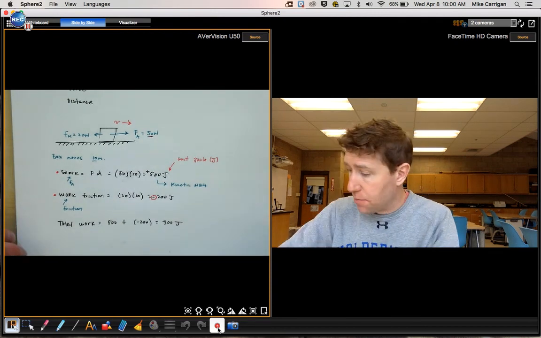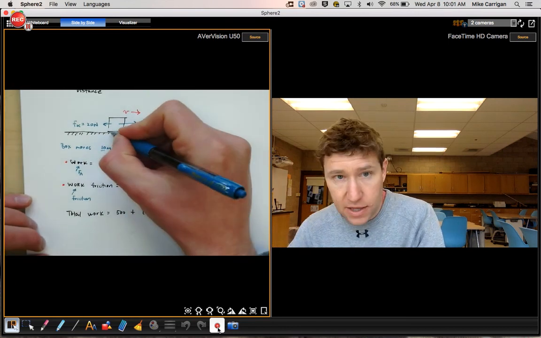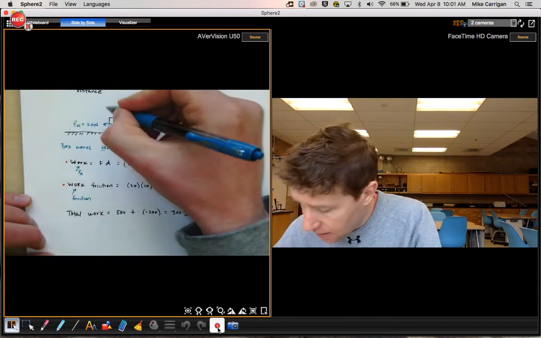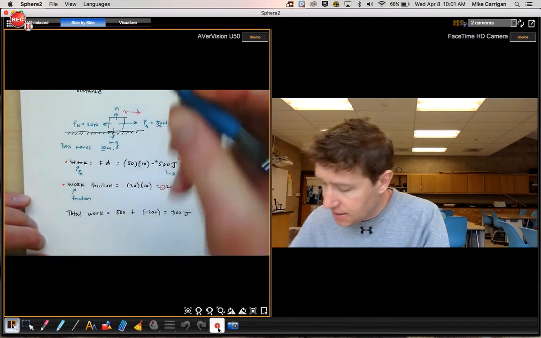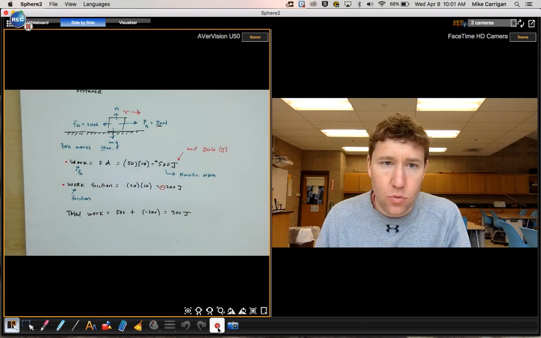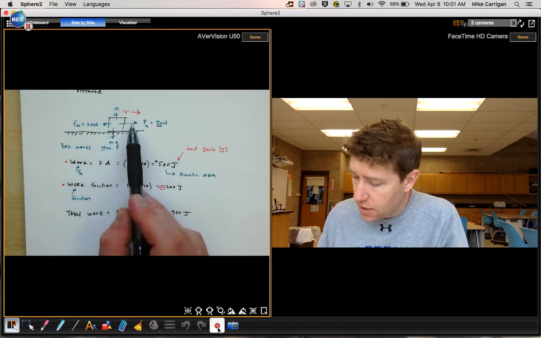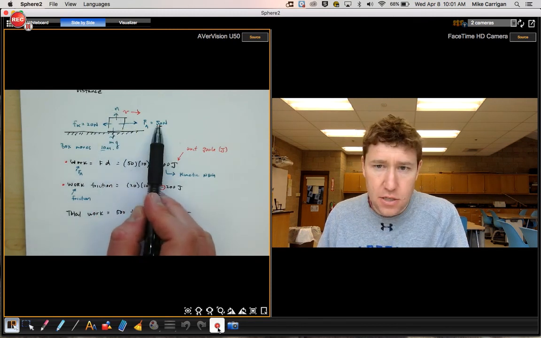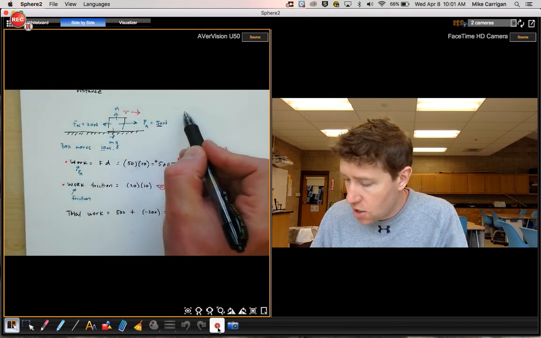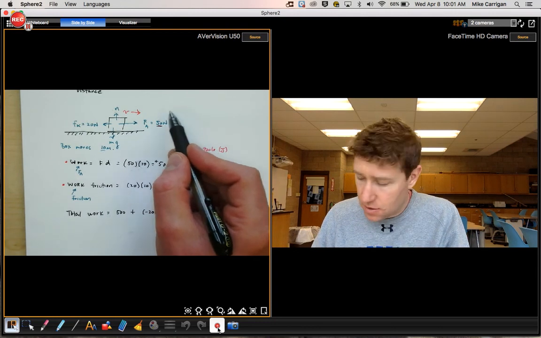Going back to the example up here, I could have noted that in this picture we do have gravity, of course. There's some weight of the box, and there's a normal force. You might ask yourself, what work does gravity do? What work does the normal force do? Gravity and the normal force are neither in the same direction as the distance moved, which is to the right, nor opposite. The same goes for the normal force.